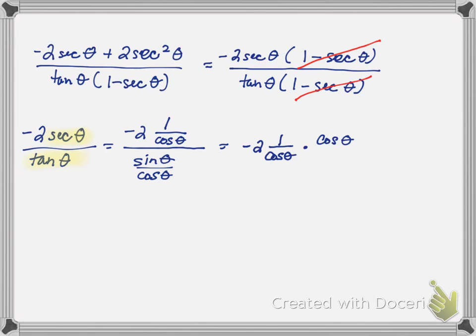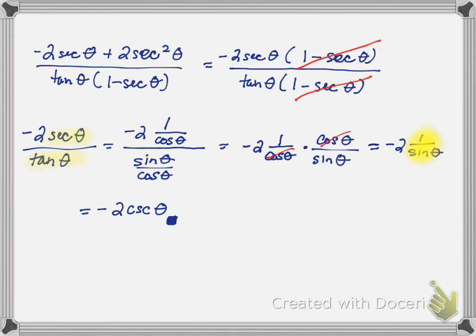So this becomes cosine theta over sine theta. Cancel out your cosine thetas, and you get negative 2 times 1 over sine theta. 1 over sine theta, by definition, is cosecant. So now we have negative 2 cosecant theta, and that is my right-hand side.